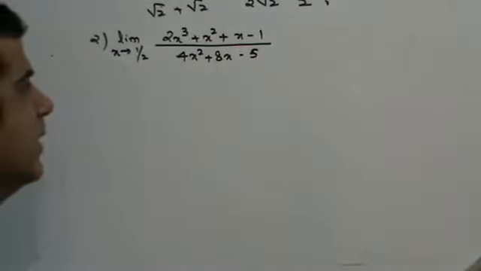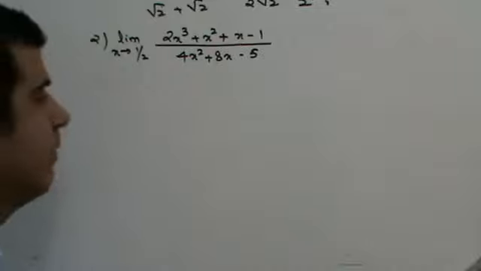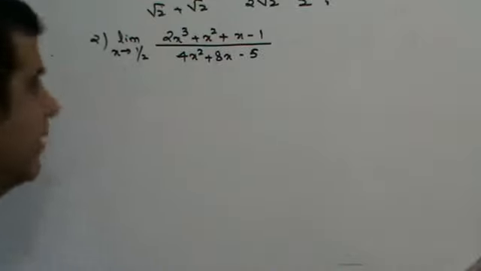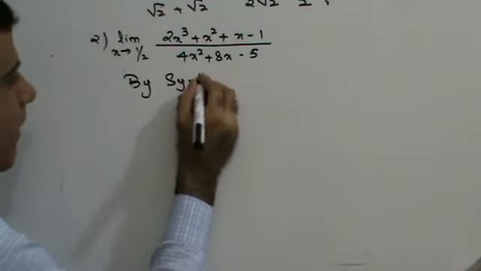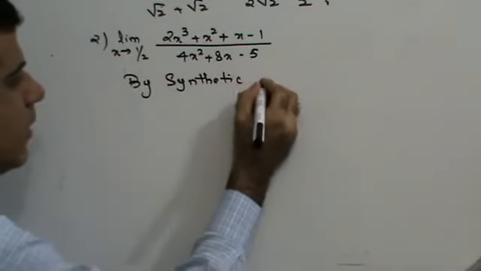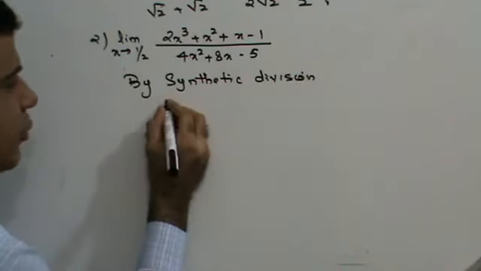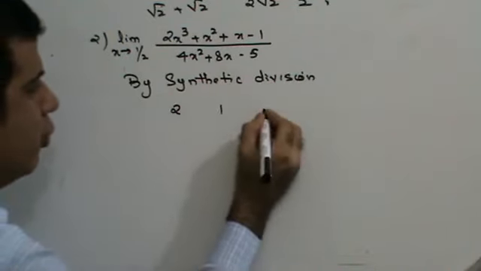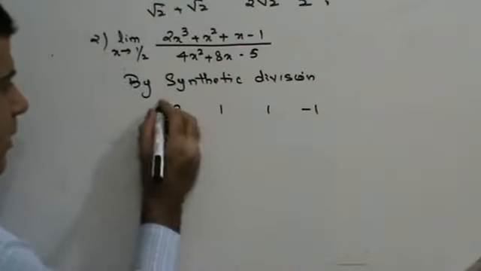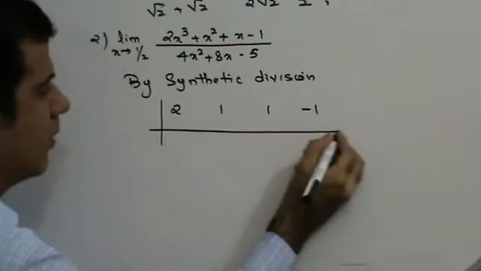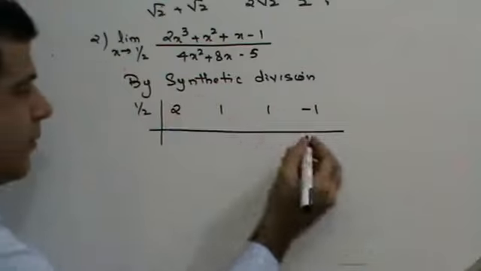Now, since the degree of the polynomial is greater than 2, I will solve this by using synthetic division. First thing I need to do is write the coefficients: 2, 1, 1 and minus 1. Write the value of x here. x tends to half, so you write half here.